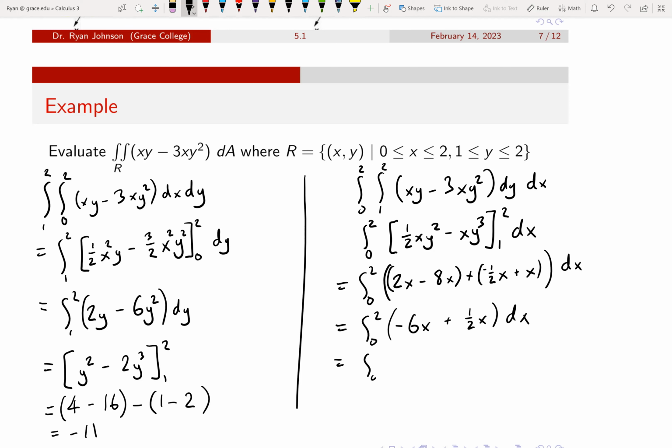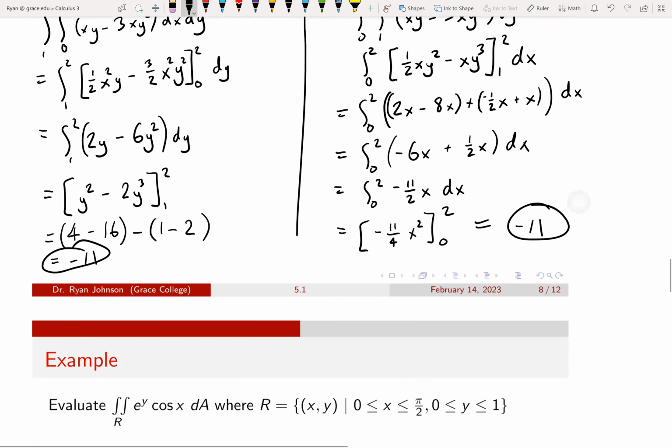So that's the integral from 0 to 2 of negative 11 over 2 x dx. Integrating there, I get negative 11 over 4 x squared from 0 to 2. Plugging in 0 gives me nothing. Plugging in 2 gives me a 4, which gives me negative 11. So both ways, I get the same answer.